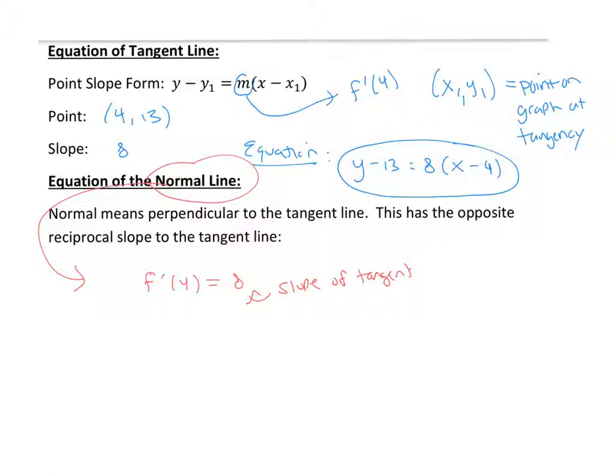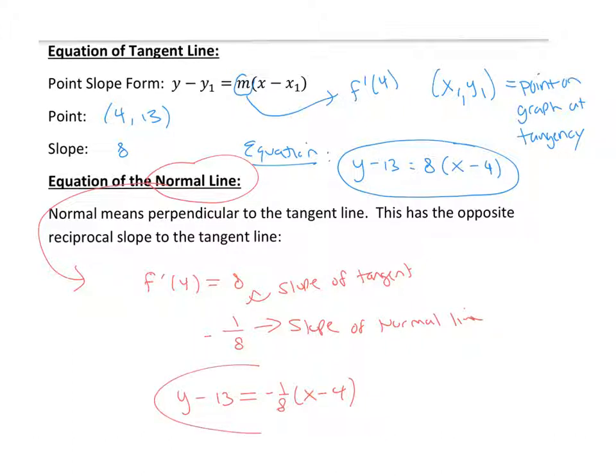That would mean that the slope of the normal line would have opposite reciprocal slope. So the equation of the normal line still goes through that point. The 13 doesn't change, the 4 doesn't change, it just has opposite reciprocal slope.